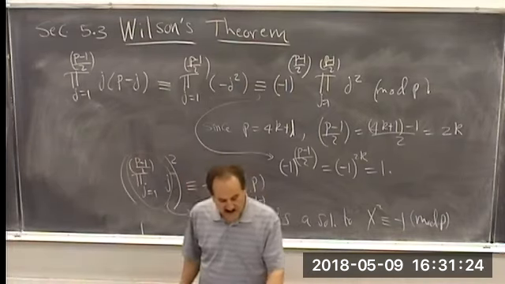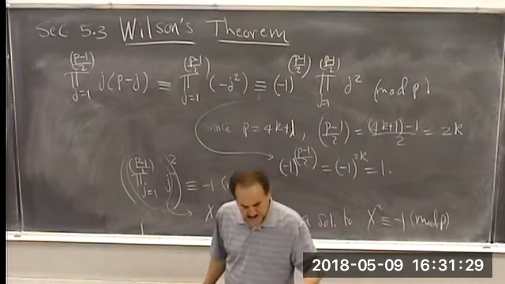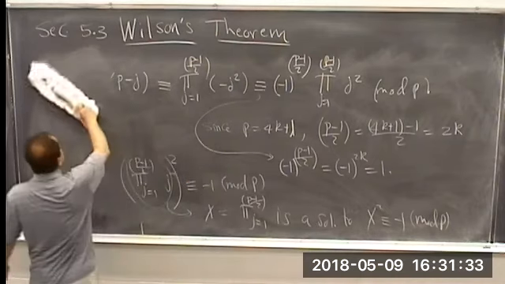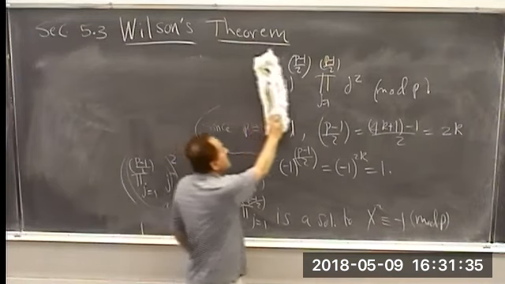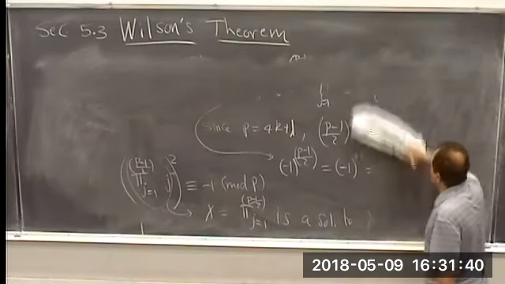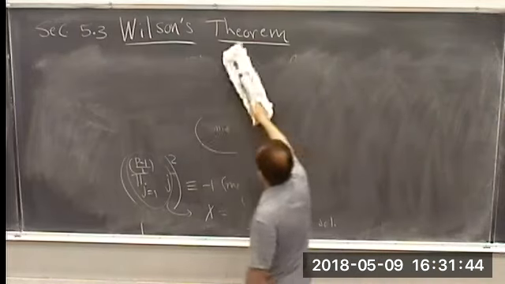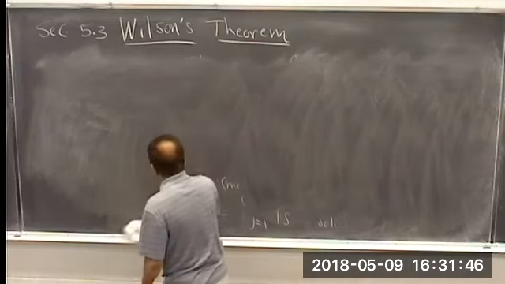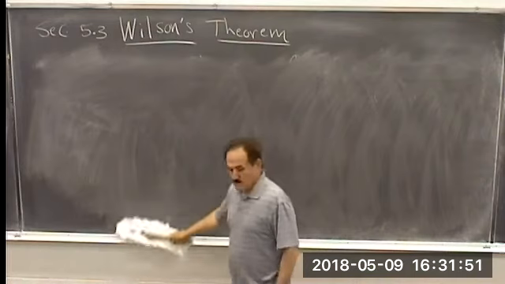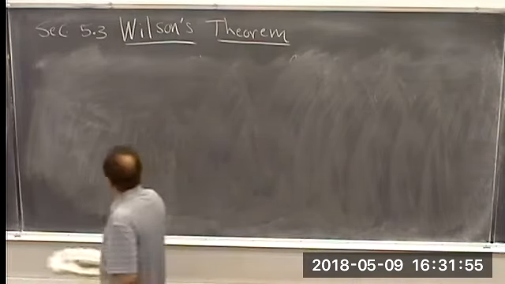Now, let's look at the other way around and assume that the equation has a solution, and you want to show that the prime P must be either 2 or P is congruent to 1 mod 4, all right?